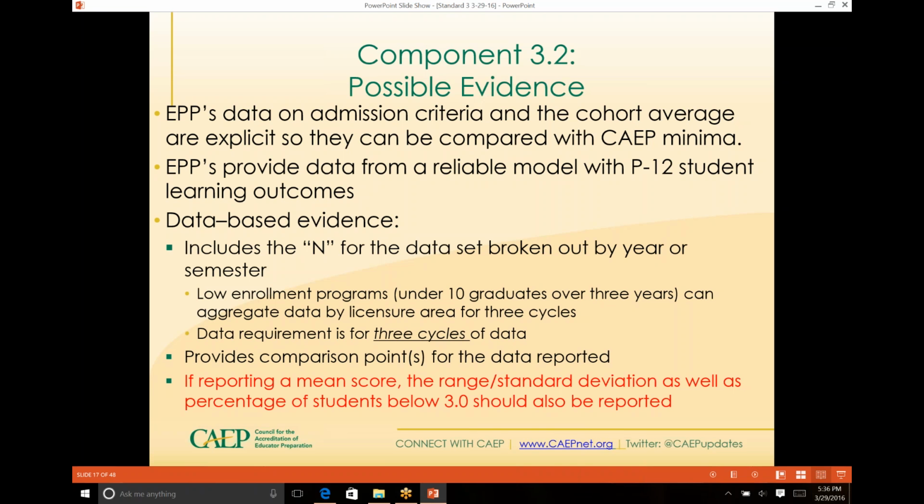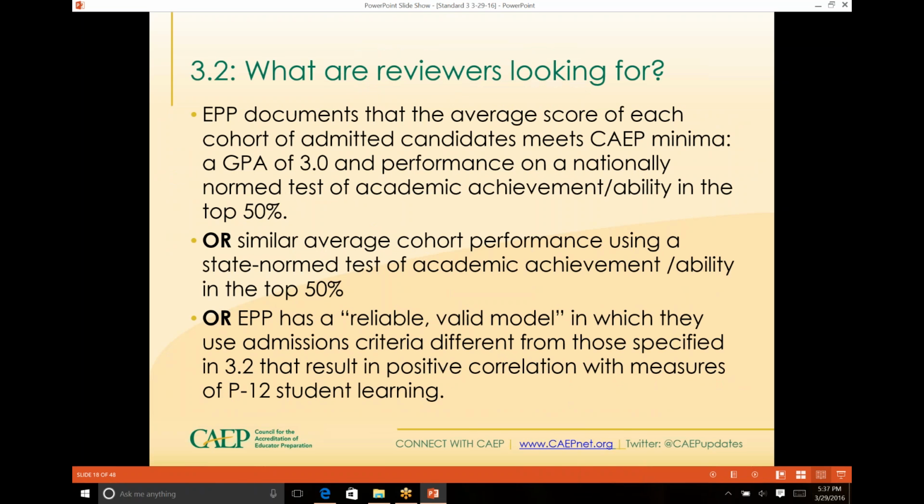Okay, and then you would say of the N is 100 candidates, 15% of the candidates are below the 3.0 minimum. Okay, that's the kind of reporting that they're going to want for component 3.2.